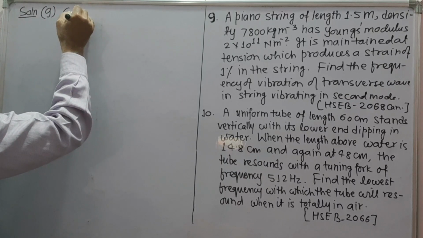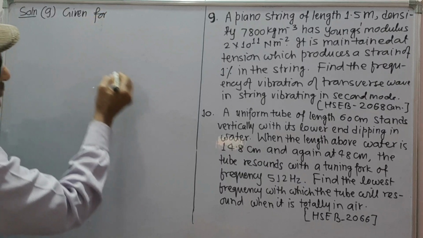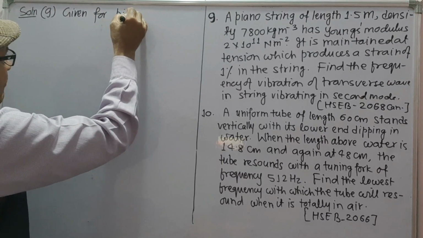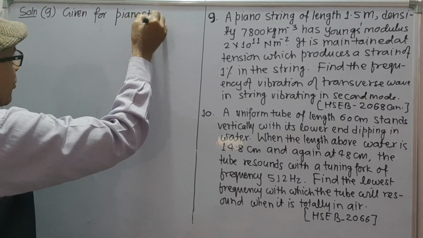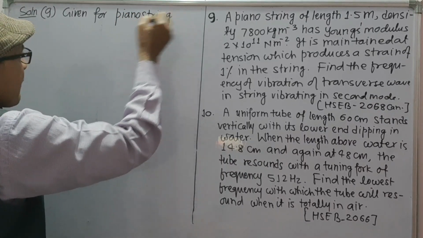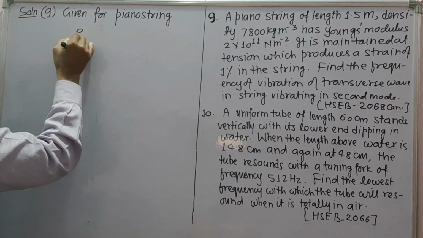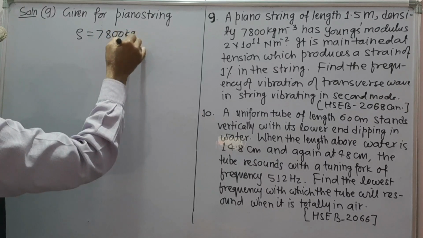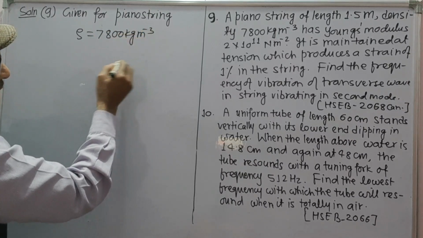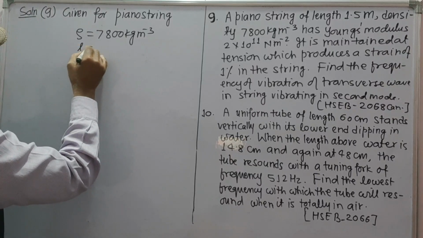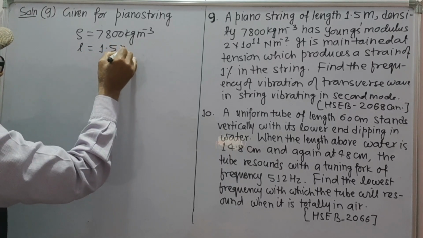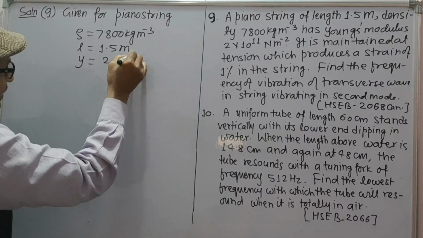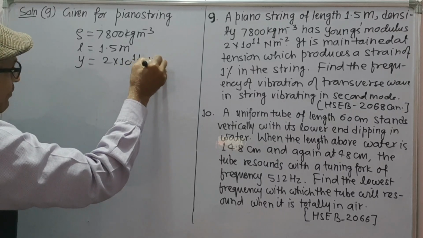Given, for piano string, density 7,800 kg per meter cube. Length 1.5 meter. Young's modulus 2 into 10 to power 11 Newton per meter square.